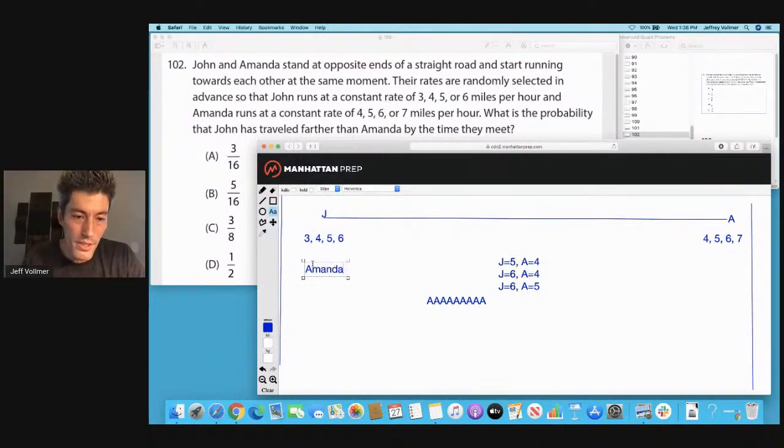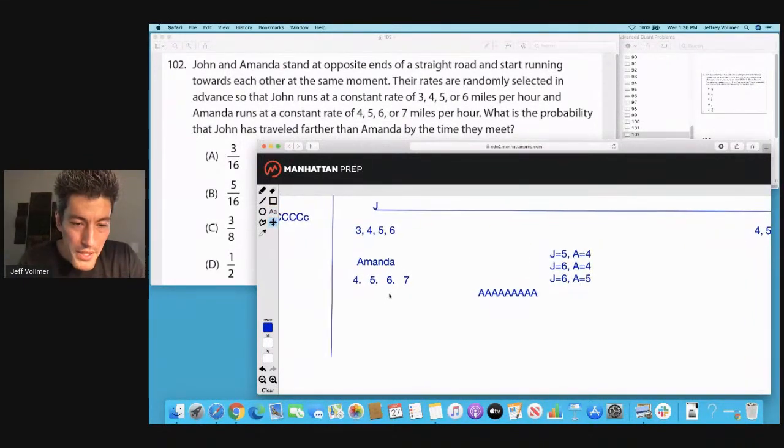Let's have Amanda's speeds, and she can go at 4, 5, 6, 7. Also found that when you double space on this thing, it puts periods, which is kind of annoying. And then you could have John's speeds. I'm Jeff.